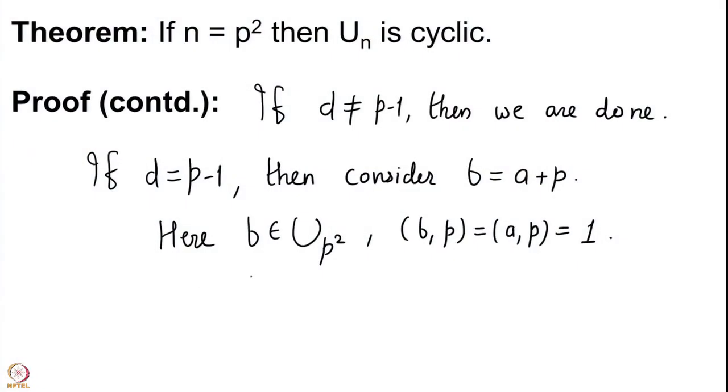So, b is an invertible element. Further, modulo p, we have that b is the same as a. Therefore, b is also a primitive root modulo p.